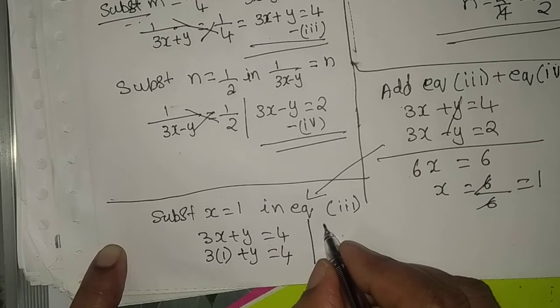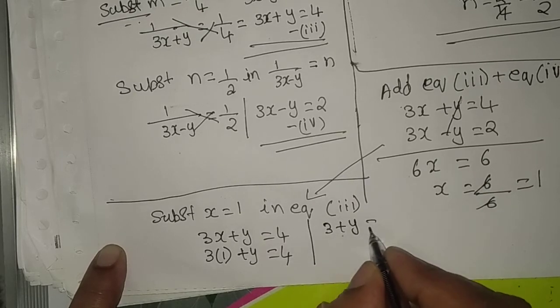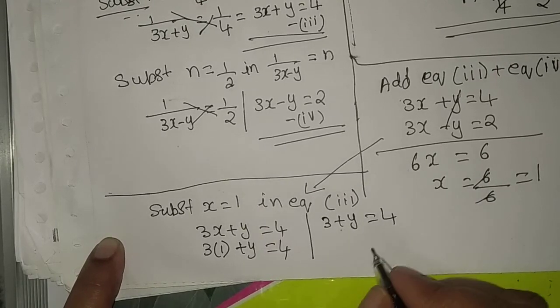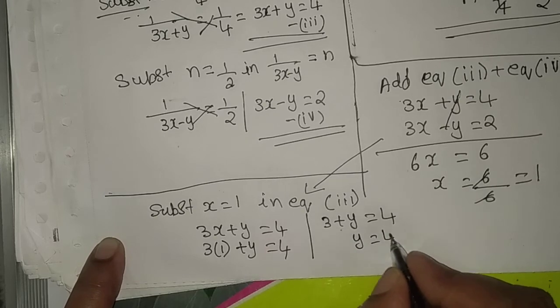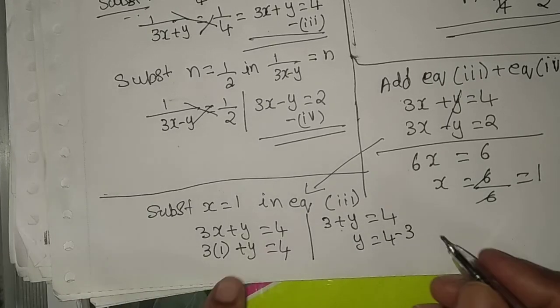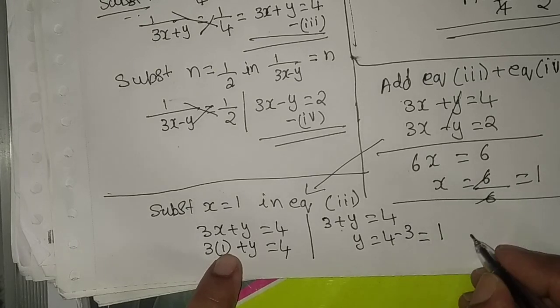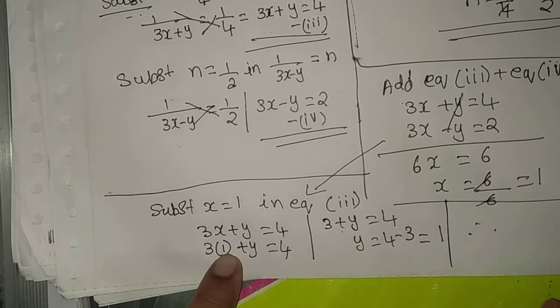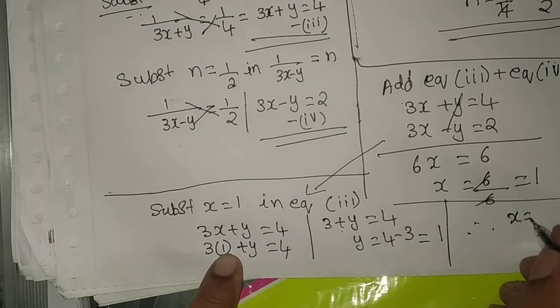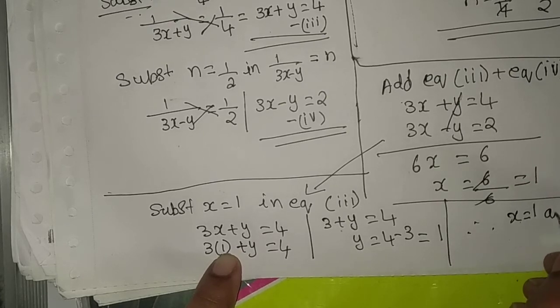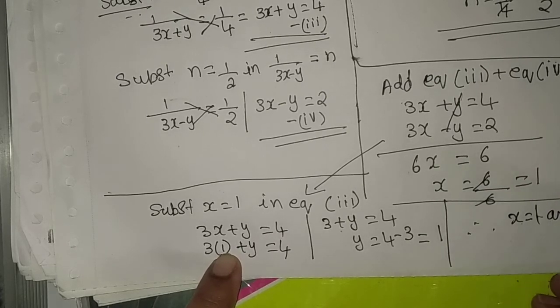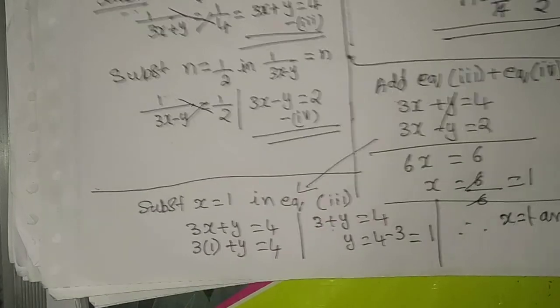So what happens? 3 plus y is equal to 4. Then y is equal to 4 minus 3. Therefore 4 minus 3 will become 1. Finally we get, therefore x is equal to 1 and y is equal to 1.